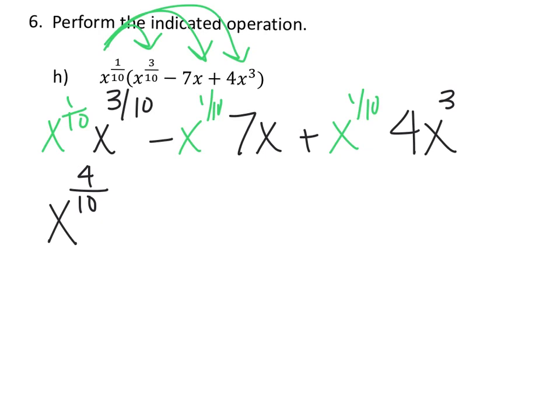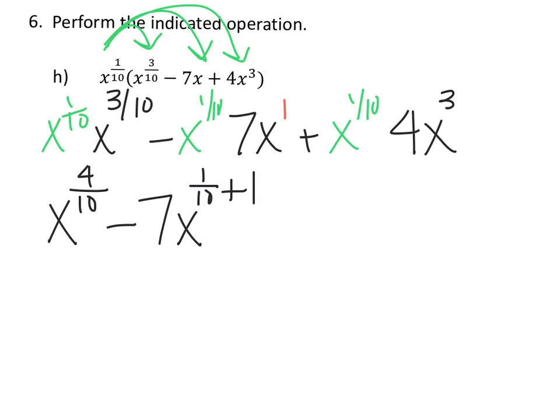So remember that this x has an exponent of 1. And so we're going to keep that minus 7 as the coefficient, and then we have x to the 1/10 plus 1, because they do have the same base, so we're going to add the exponents. And we'll simplify this later.